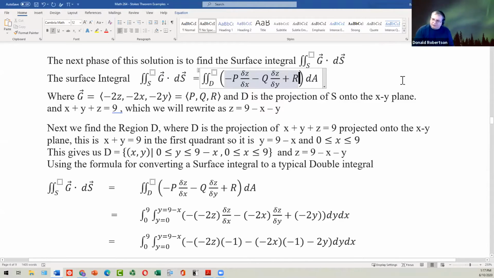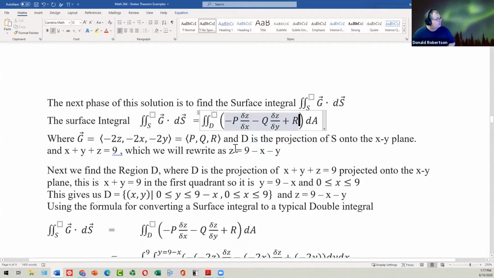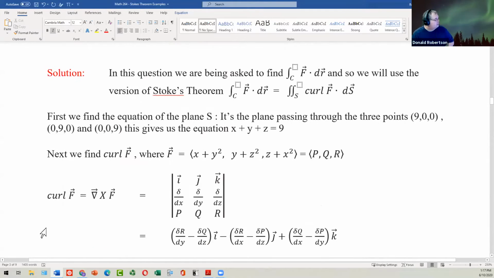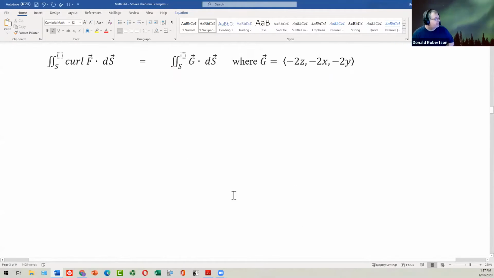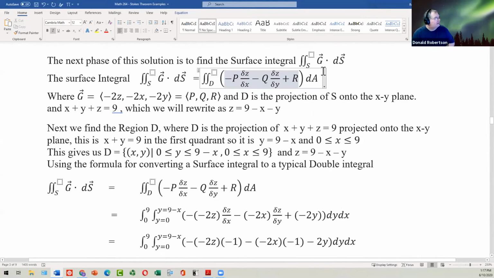So pause for a minute. What we've done here is quite messy. We started with being asked to find a line integral. We converted that into a surface integral of this guy here, the curl, right? And then we've taken that answer, and now we're converting that answer into a double integral.